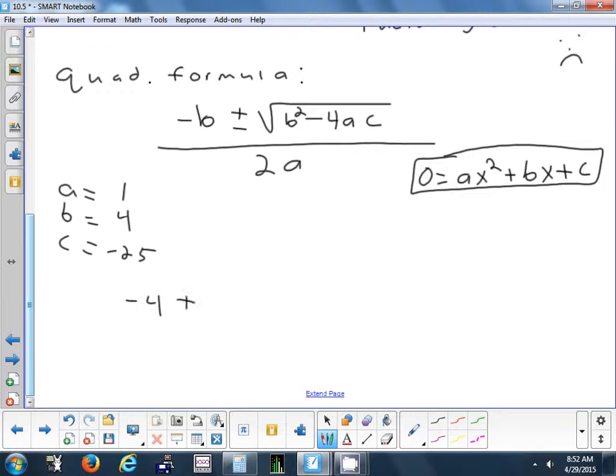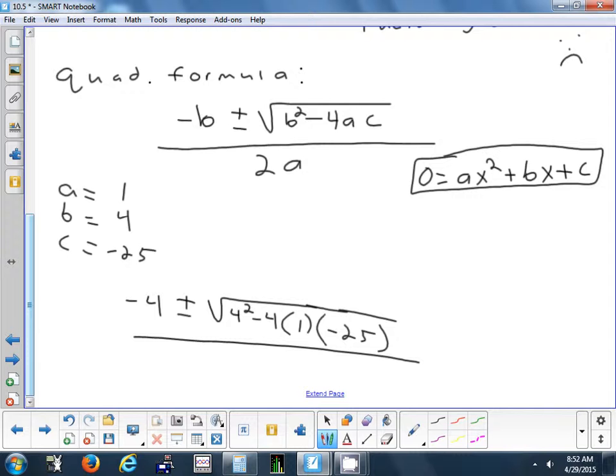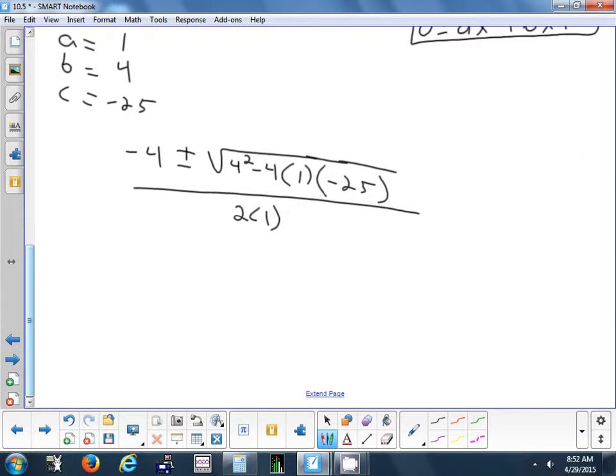Negative b. Plus or minus means you're going to get 2 answers. The square root of b squared minus 4 times a times c, all divided by 2a. Now, if you want to do that in your head, you could. I'm going to write it out. Okay, so we got negative 4 plus or minus.